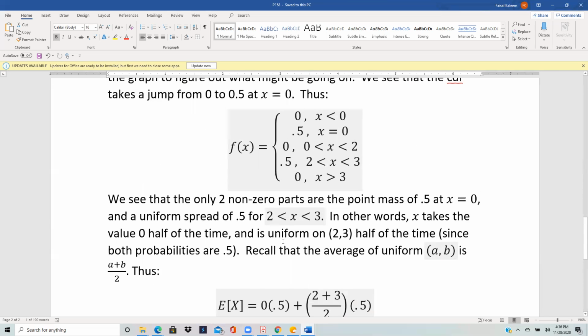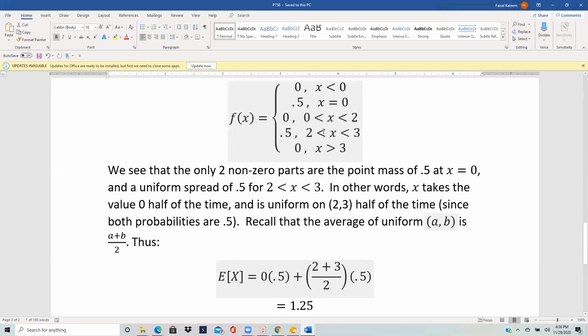And then this is between 2 and 3. When x is between 2 and 3 and we have a constant value, this is a uniform distribution, but this is not the full uniform distribution. It's uniform between 2 and 3 with half of the time because the probability here is 0.5.